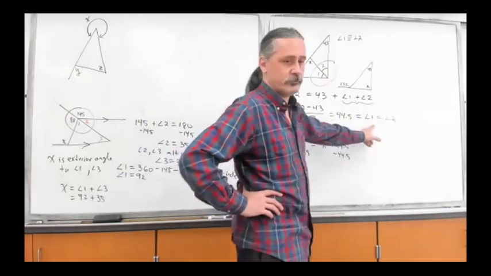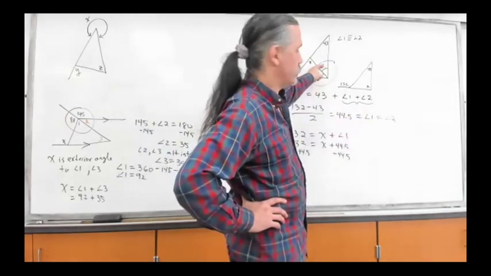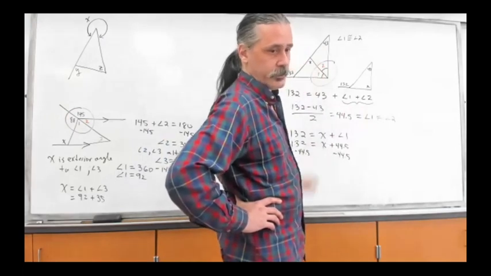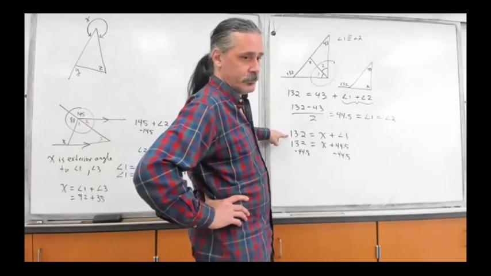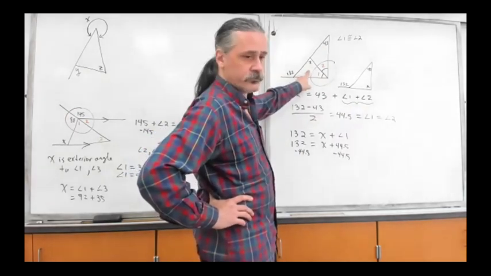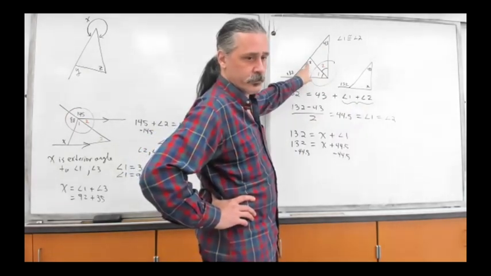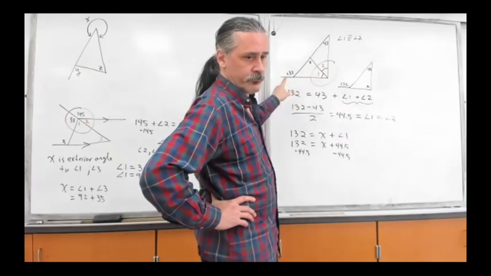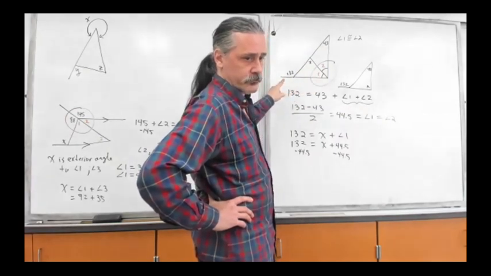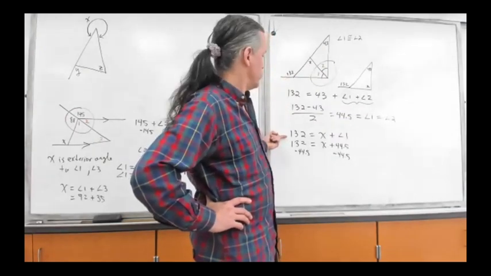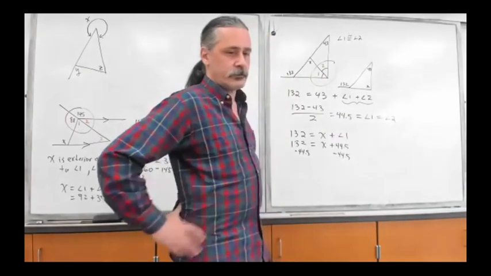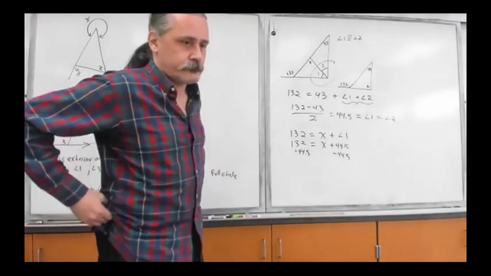And now we got the value of the angles that are on the lower right side of the diagram. And so then we can use the exterior angle theorem again based on the smaller triangle. So x and angle 1 are the opposite interior angles to the exterior 132. So that's going to be in this equation. And then we just solve that equation. Okay.